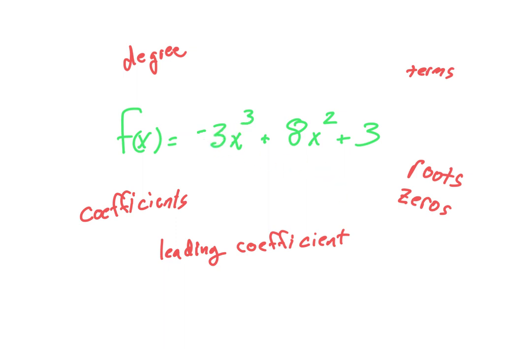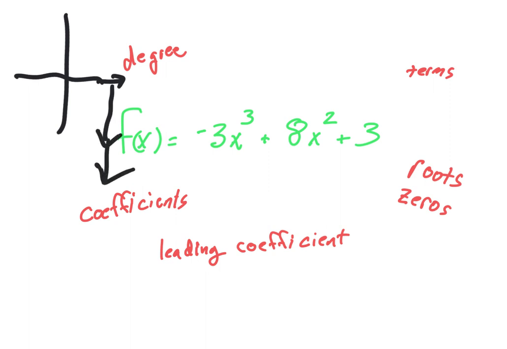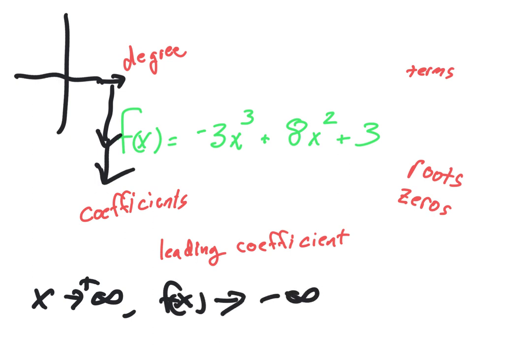So if I'm thinking about a graph of this again, when I get out to 1,000, it's going to be way down low on the graph, and it's going to keep going down. So as x approaches positive infinity, my f of x will approach negative infinity.